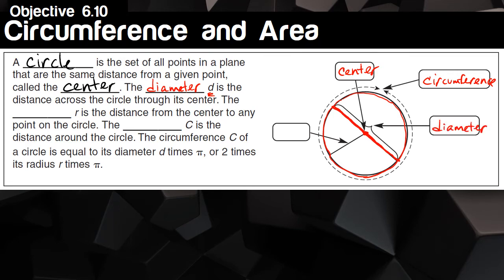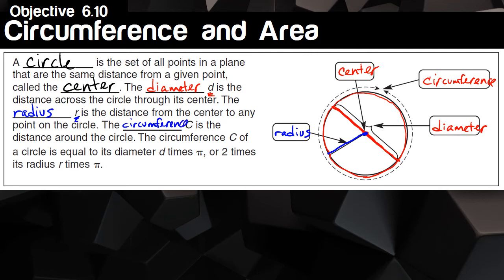We'll also talk about what the R is. The R starts at the center point and goes out to the edge. This is called the radius.